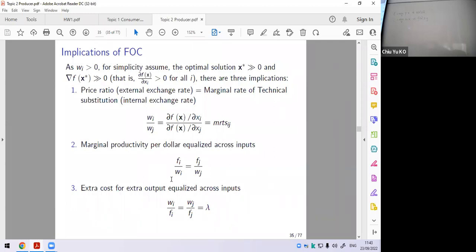And one interesting thing is if you take this Fi, this Fj, and basically swap, you have this.